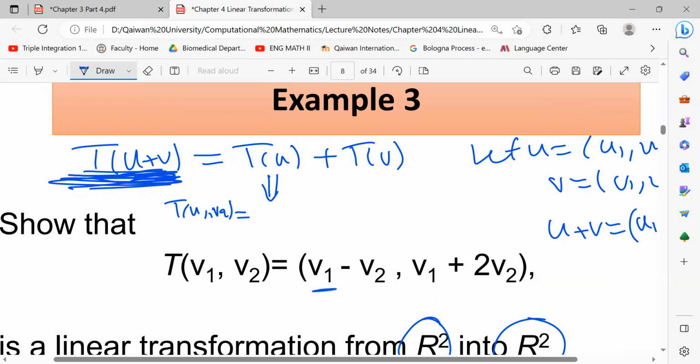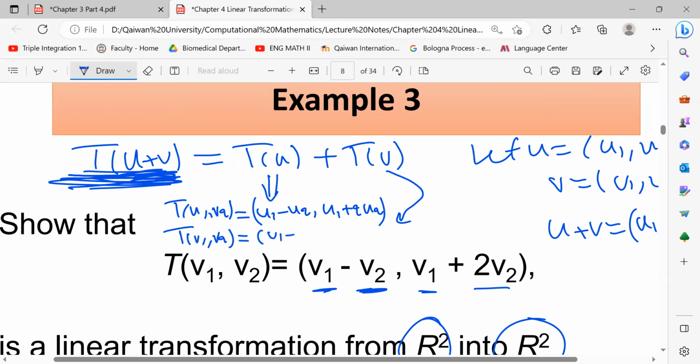It is U1 minus U2, comma, U1 plus 2U2. This is T of U1, U2. How about T of V1, V2? It's the same. It is V1 minus V2, comma, V1 plus 2V2.